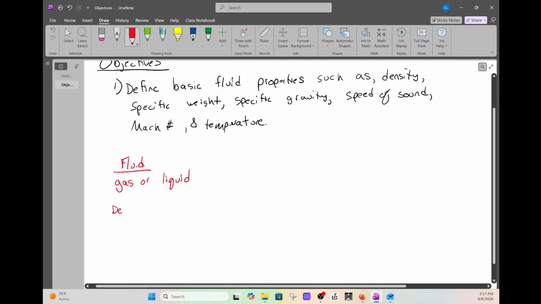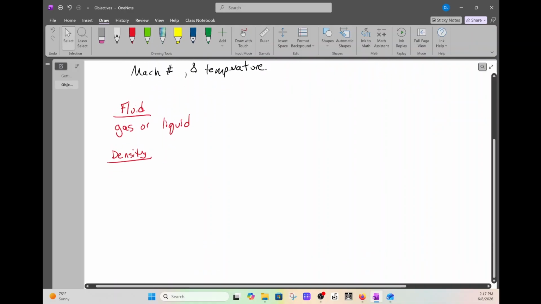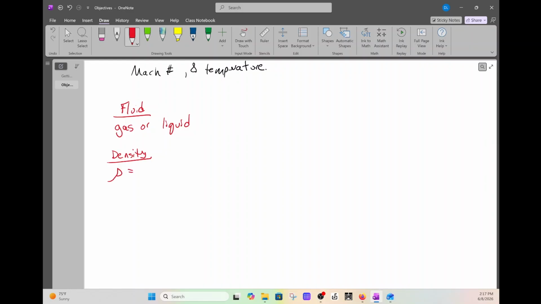Next one, density. We're going to get right to the stuff. This is a Greek letter rho, and it's equal to the mass over the volume. Okay, so mass, M, over the volume.